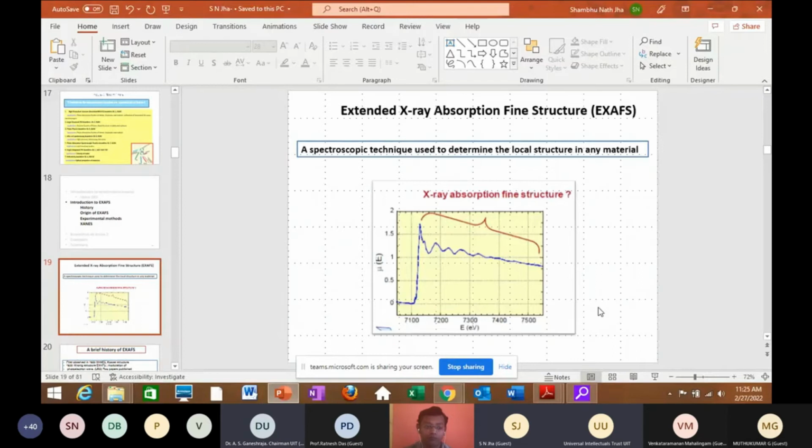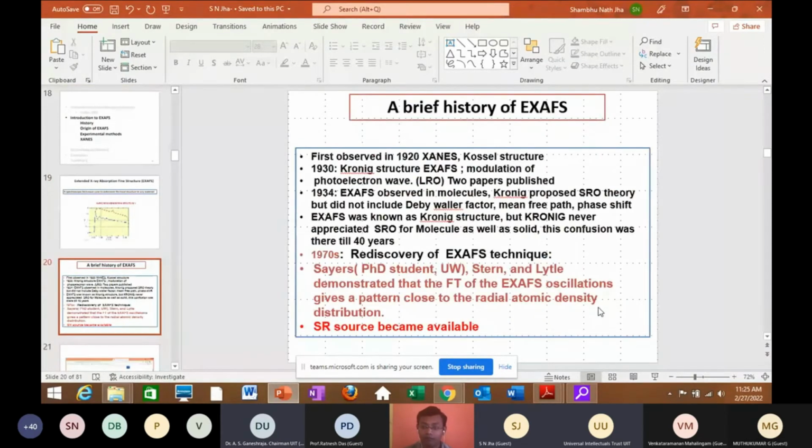So just a brief history of EXAFS. Although it was discovered long back, more than 50 or 60 years before it became popular as a technique, in 1920 it was known as XANES and was also called Kossel structure. In 1930, the EXAFS modulation of the electron wave was given by Kronig, and he called it a long range order. At that time two papers were published on this.